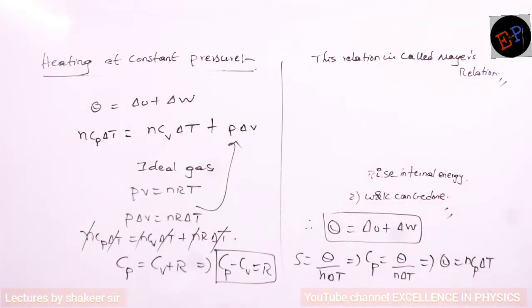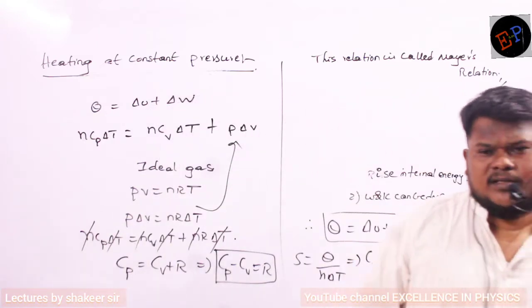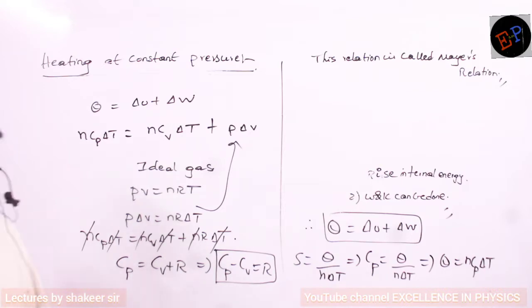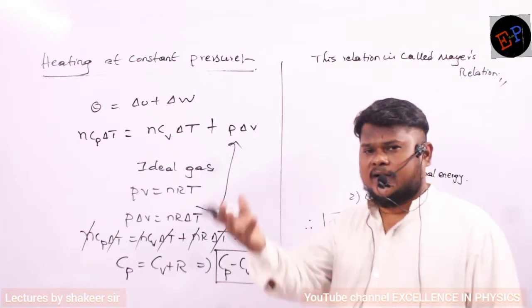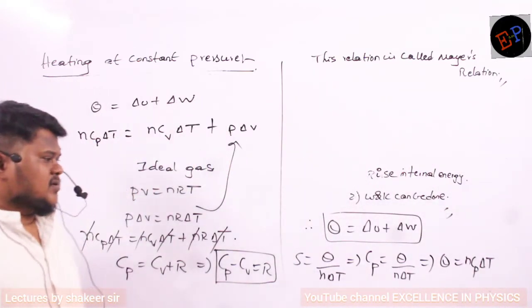Cp means what? Specific heat of a gas when we are heating the gas at constant pressure. And Cv means what? We are making the volume of the gas constant and we are heating the gas and checking how much heat energy is required. That is called Cv.